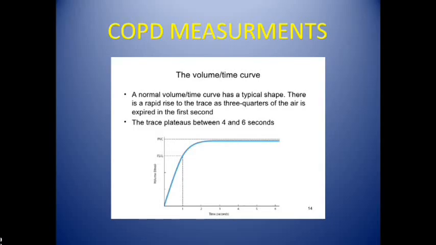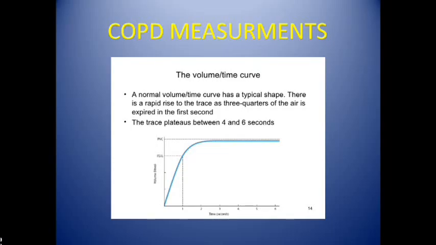What we should be able to do is get at least 80+% of our air out in the first second. That's called FEV1, or the forced expiratory volume in the first second of breathing. You can imagine that if it's obstructed, meaning there's something in the way, then you're not going to get that 80% of air out of your lung.